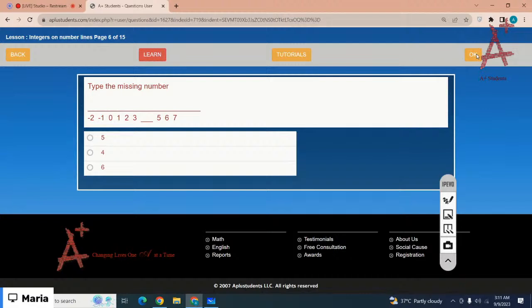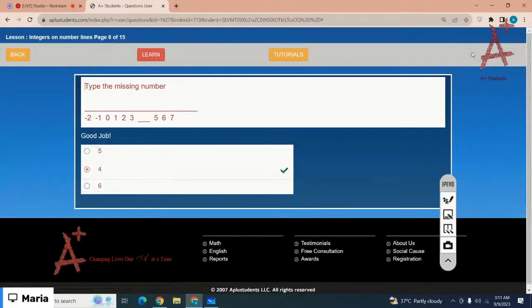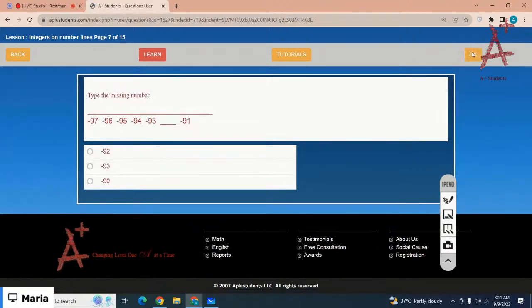Type the missing number. Which number is missing? Yes, the missing number is 4. Very good. Okay, type the missing number.